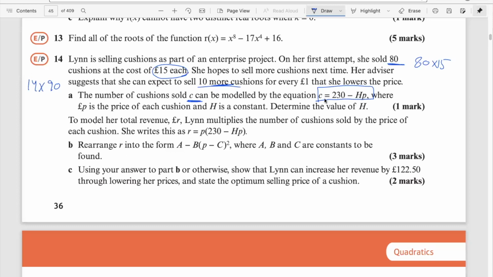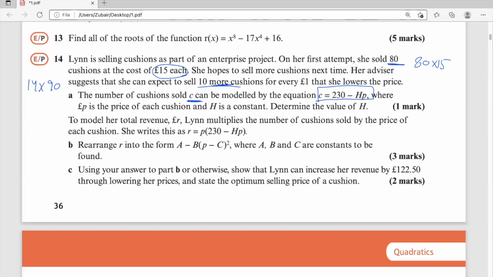So revenue is definitely C, the number of cushions sold, times price. We get the revenue. Rearrange R in the form this, 230P minus 10P squared, to form this where A, B, and C are constants.